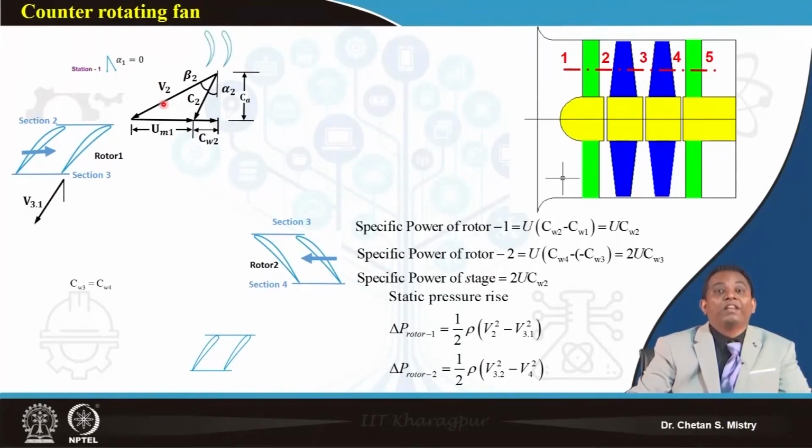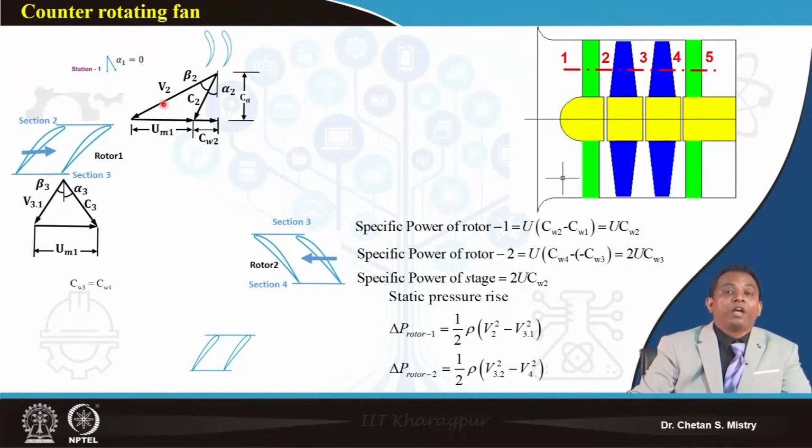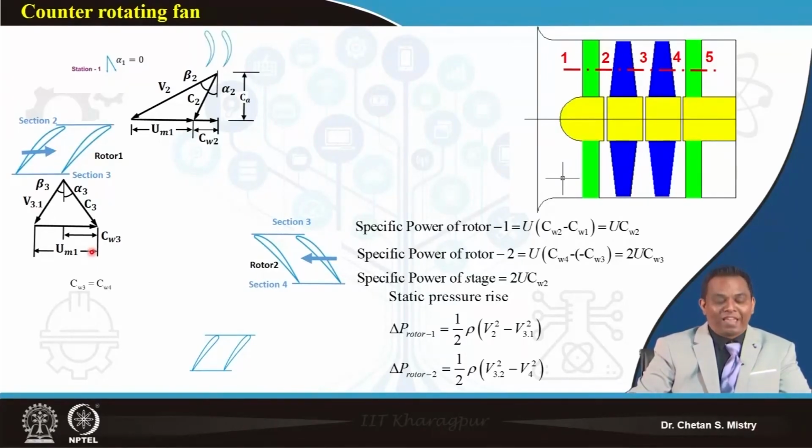Purposefully I am writing 3.1 here. This is the peripheral speed, I have my absolute velocity C3, and these are my angles: the relative flow angle and the absolute flow angle, and the axial velocity remains the same. This is the exit velocity triangle from rotor 1.